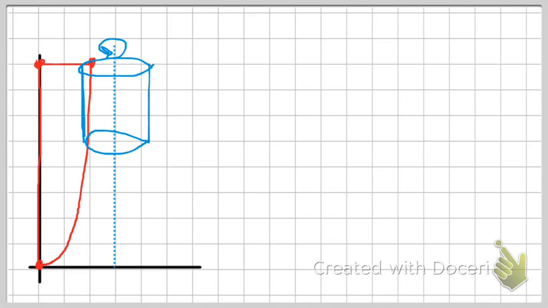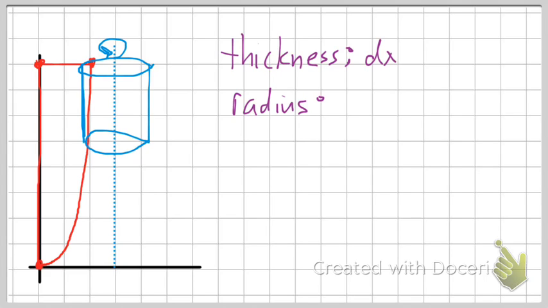Okay. Your thickness here would be dx. That means everything's got to be in terms of x. And for shells, you need radius and height. All right, so the radius, that's going to come from the center of the shell out to the outer wall, right?